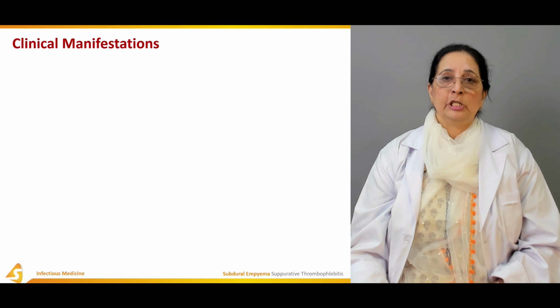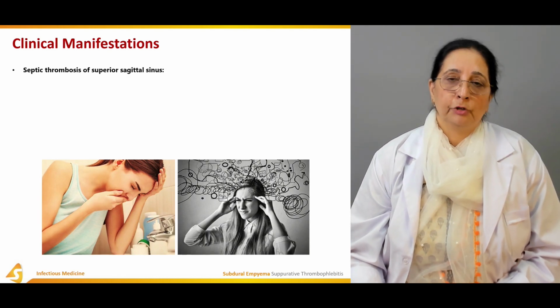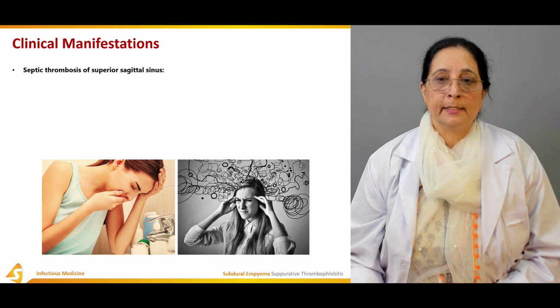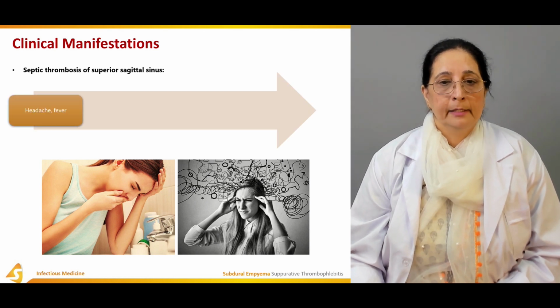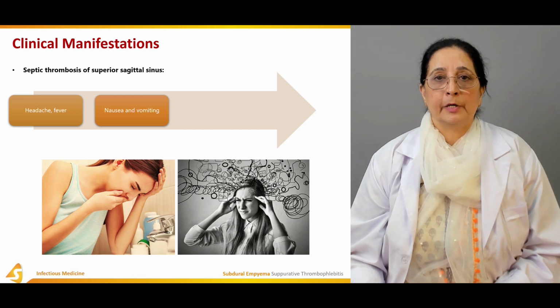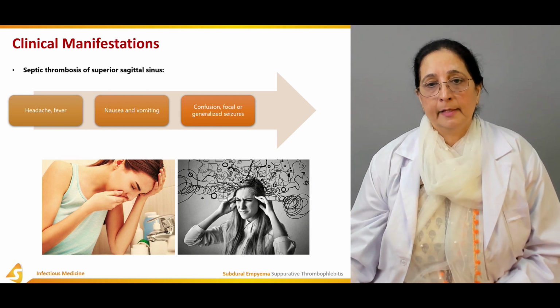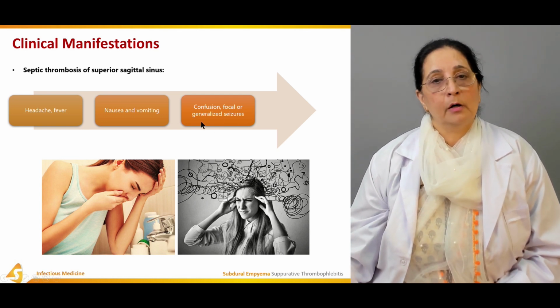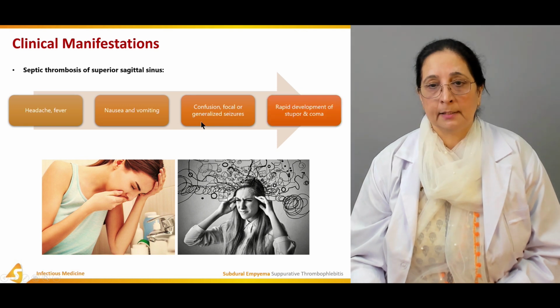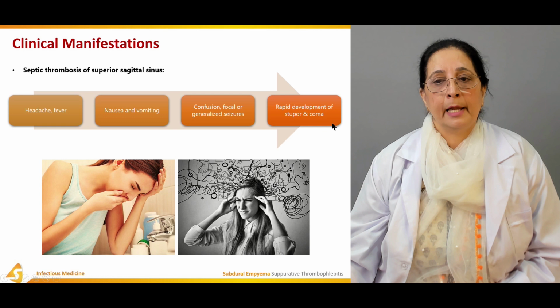Clinical manifestations of suppurative thrombophlebitis with septic thrombosis of the superior sagittal sinus: there is headache, fever, nausea and vomiting, and vomiting can also cause dehydration. There is confusion, focal or generalized seizures, and rapid development of stupor and coma.